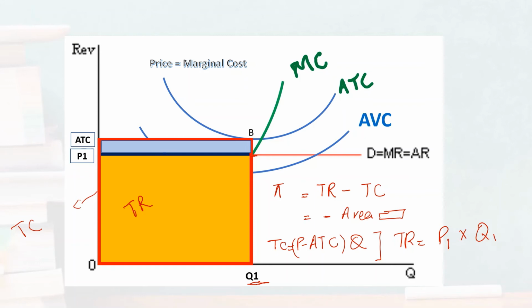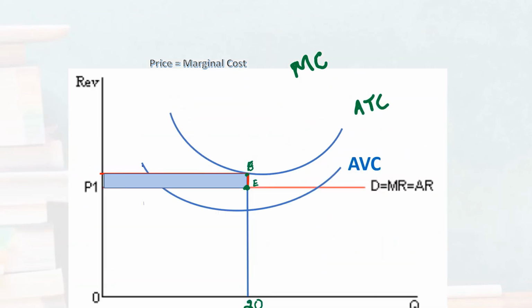So these are some small steps by which you can easily determine whether the firm is earning profit or losses. So let us have some numerical values and try to calculate the loss which this perfectly competitive firm is facing.